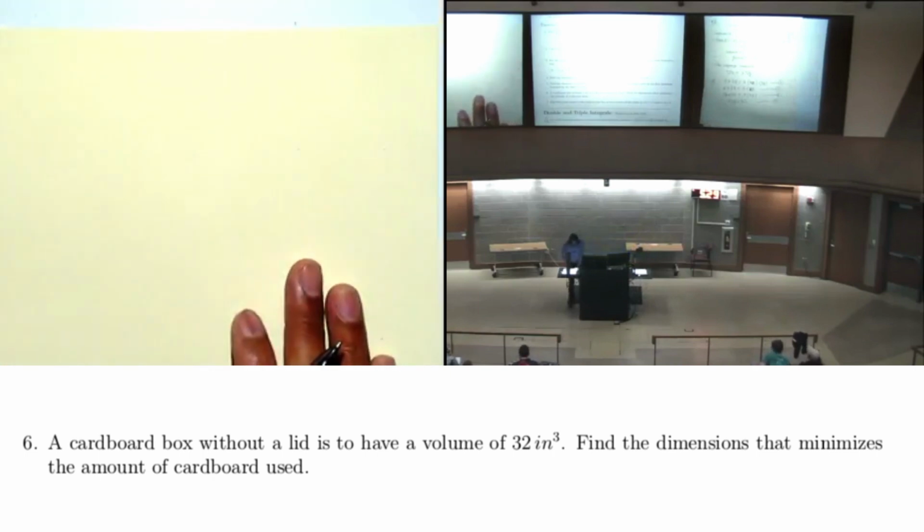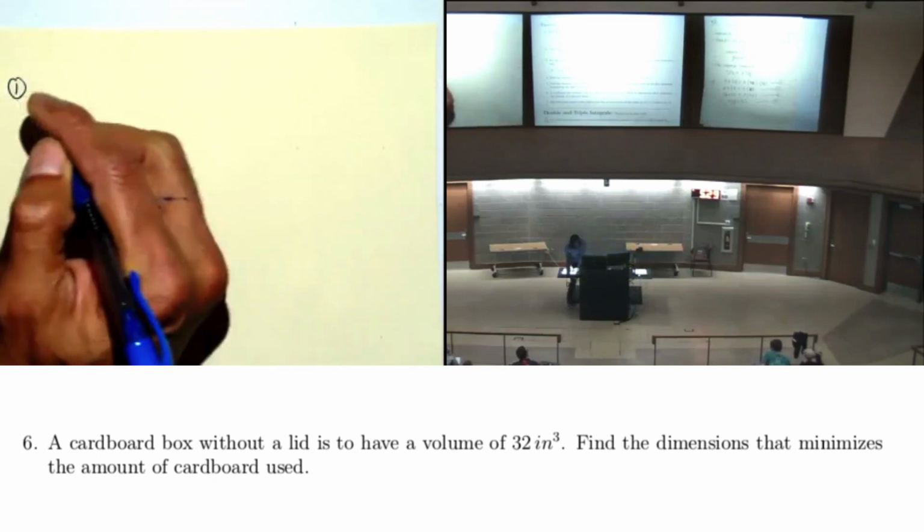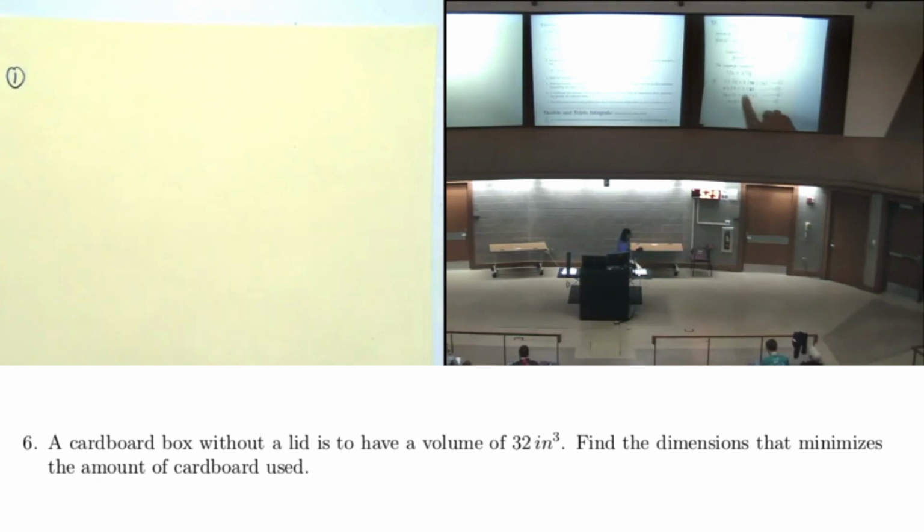What I'm going to do is multiply the first equation by x, so I have lambda xyz. If I multiply the second equation by y, I have lambda xyz. If I multiply the third equation by z, these sides are equal. Instead of dividing, I'm going to multiply by x, y, and z the first 3 equations.